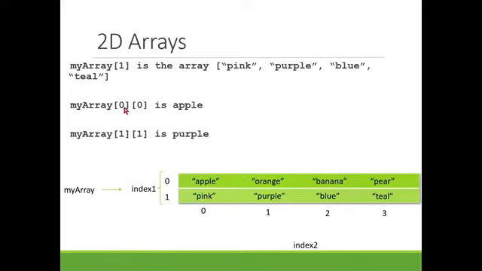Notice that these are one after another, not inside each other. So we have one set of square brackets with 0, and then another set of square brackets with the column, the second index. So [0][0]: go to the first inner array, index 0, go to element 0 of it, and we get apple. Second index 1 gives us purple.